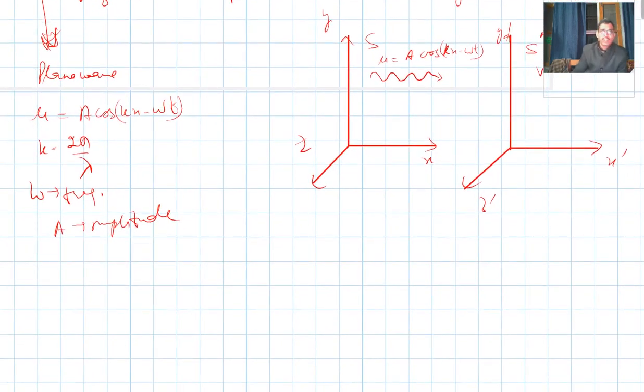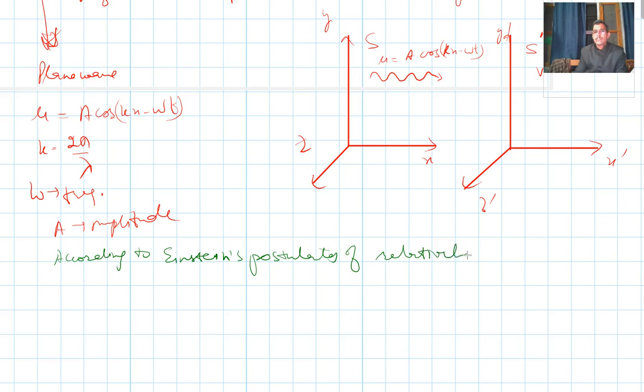According to Einstein's postulate of relativity, the phase of the wave must remain invariant under Lorentz transformation.